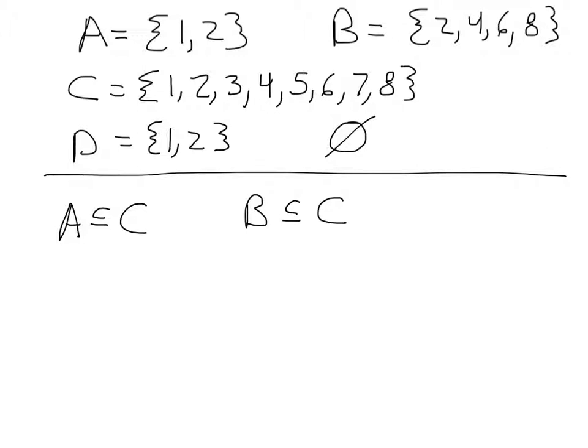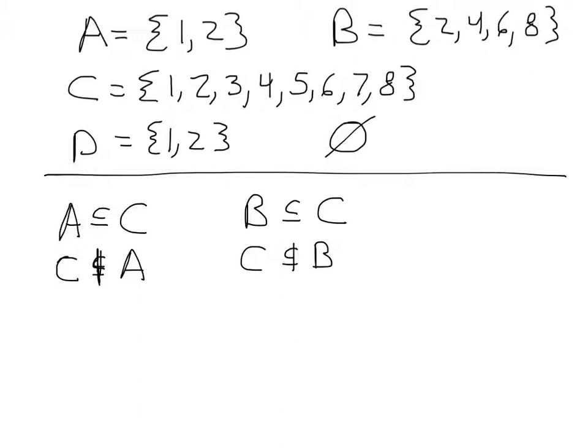All of the elements of B, 2, 4, 6, 8, are inside of C. If you notice, the subset property is not necessarily reversible, because C is obviously not a subset of A. And C is obviously not a subset of B either. I'm just drawing a line through the symbol, showing that it's not a subset. It's kind of like the not equal to.